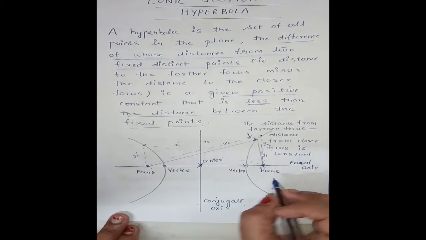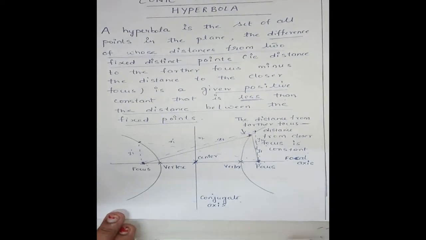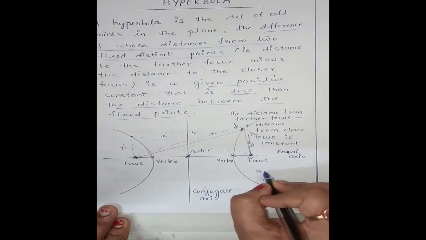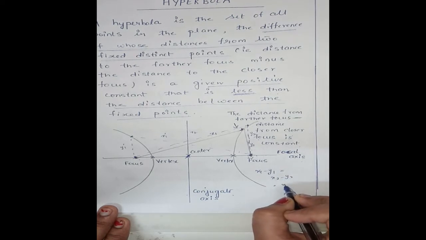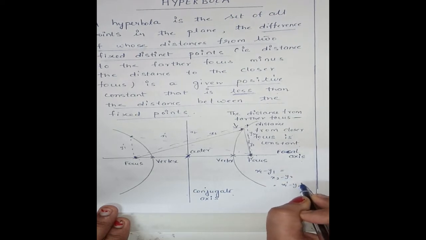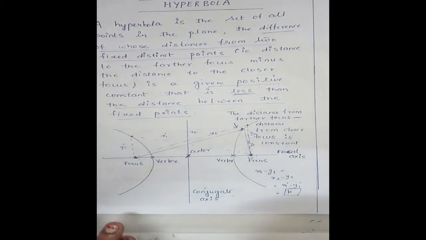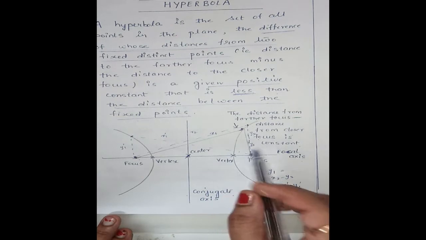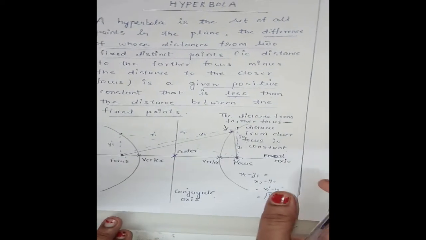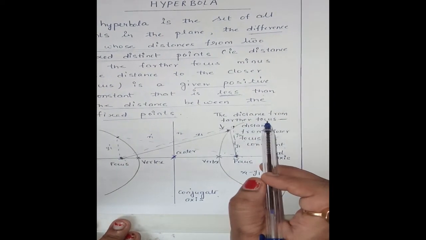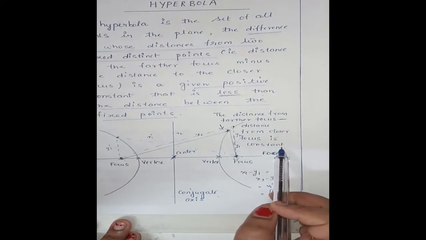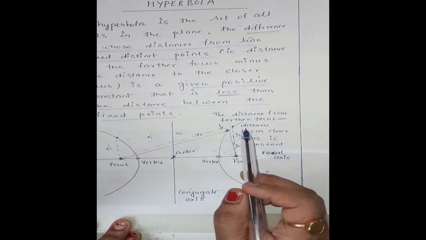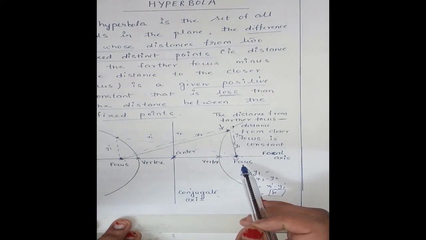Then from the definition we get x1 minus y1 is equal to x2 minus y2 is equal to x1 dash minus y1 dash, and it is a positive constant. See here, the distance from the farther focus minus the distance from the closer focus is a constant. The set of all these points is a hyperbola.